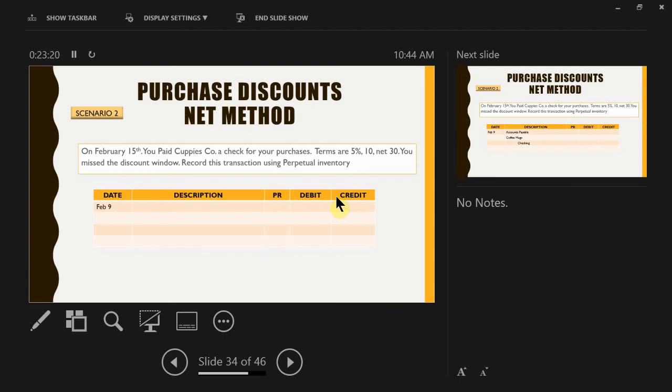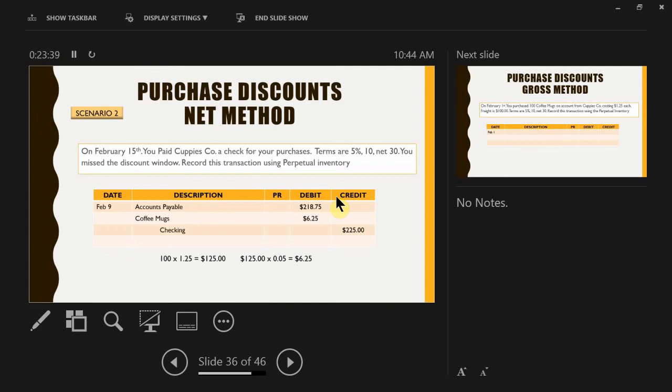Now you got to add it back, and then of course your payment is going to be higher. So again, because you missed the discount period, you're going to owe more money. You're going to owe for the full price of the $225. And you're going to add back to the inventory.